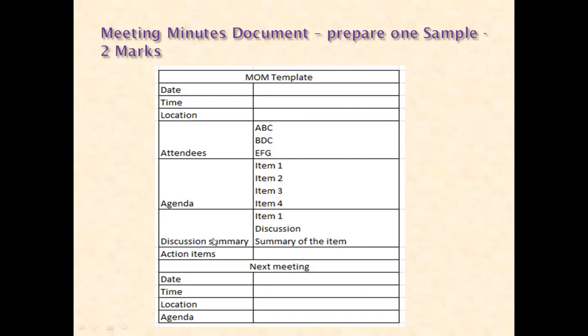For example, I'm giving a discussion summary: item 1, this was discussed, and this is a summary of that item. Again, for item 2, what was discussed and what is the summary, and what are the action items from that meeting. We're also discussing the next meeting: when it is and what the agenda is. This could be one template of the MOM, minutes of the meeting, guys. Clear?